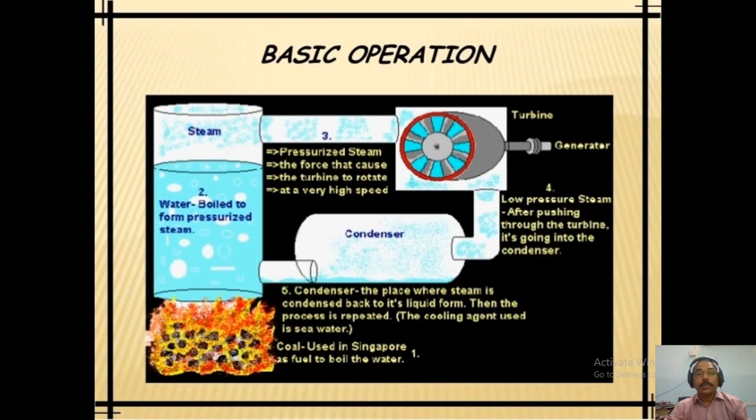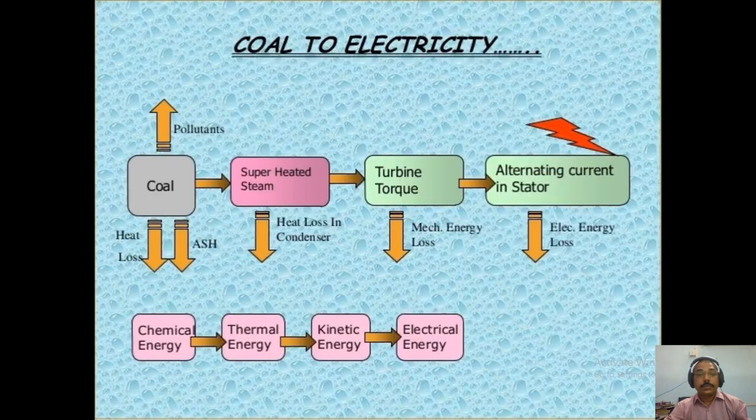Okay, we'll go further. How this coal is converted to electricity, we'll see here. From coal, superheated steam is produced and goes into the turbine in the form of torque. From the alternating current in the stator, the power is produced.